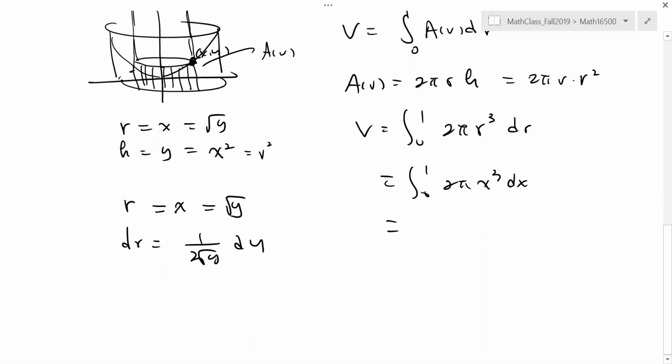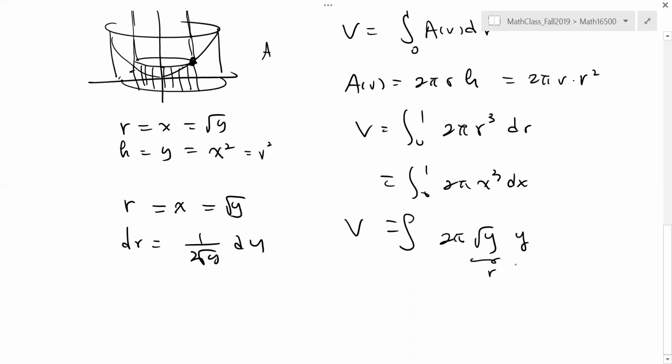That's a problem here, right? So the volume is going to be the integral of A of R, 2 pi. Everything should be in terms of Y. So R is going to be square root of Y, H is Y. Very simple, right?